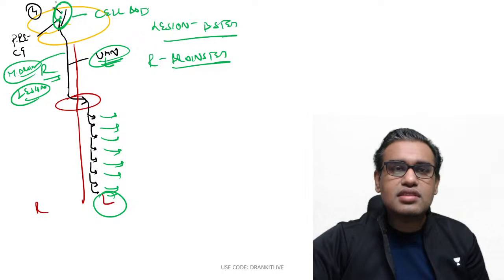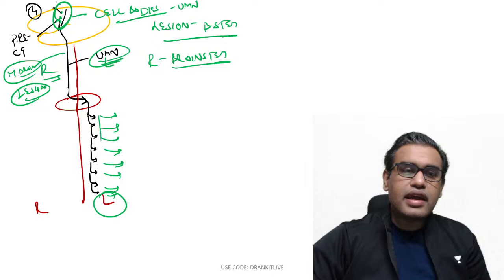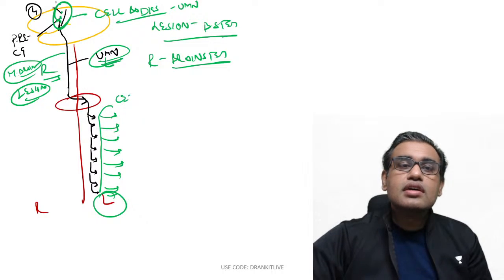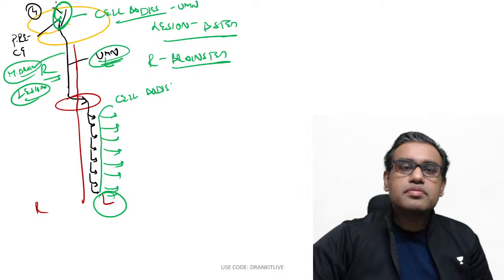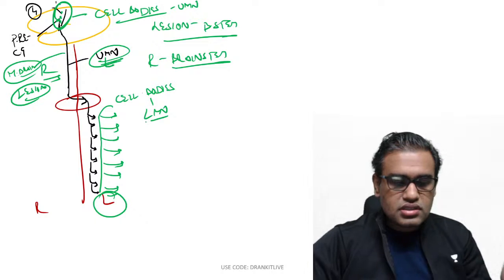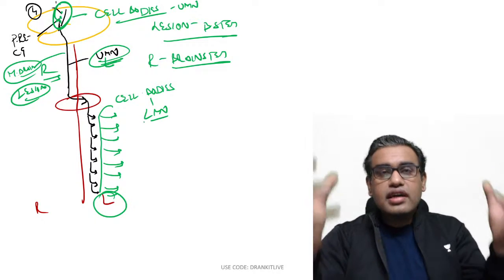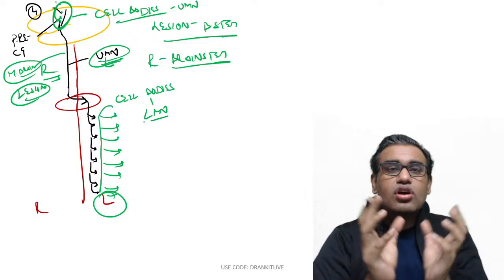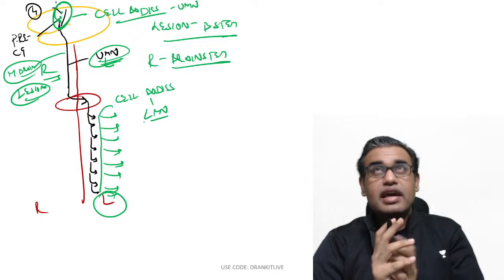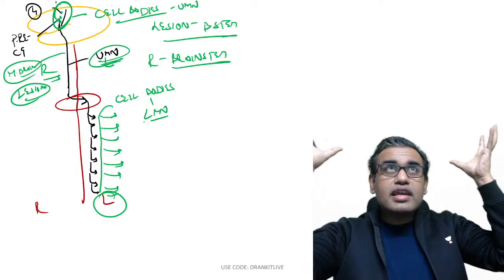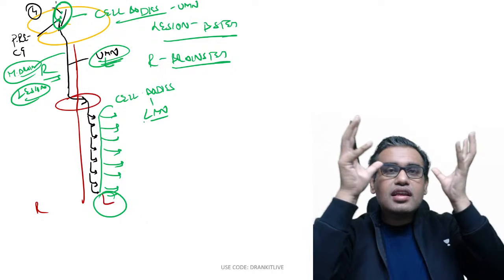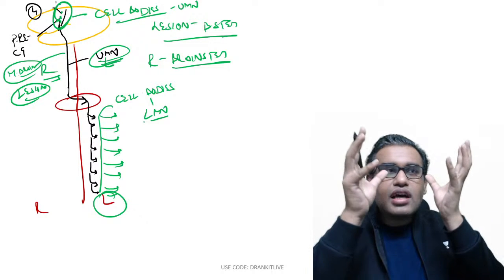So here you have the cell bodies of the UMN, and on the spinal cord this is the site of the cell body of the LMN. We can also call it the anterior horn cells. Crus cerebri, Ravi, the crus cerebri are your axons, a bundle of axons in the midbrain. As they descend, they pass through the corona radiata, internal capsule, and then come down into the midbrain.